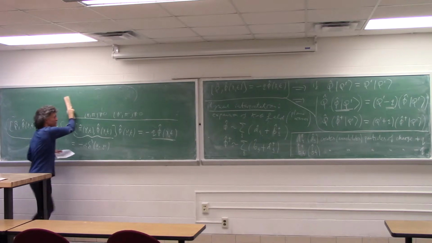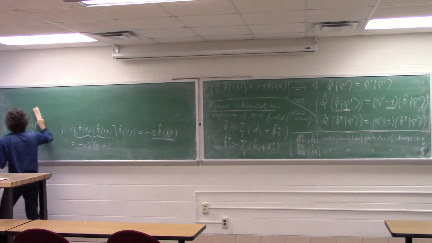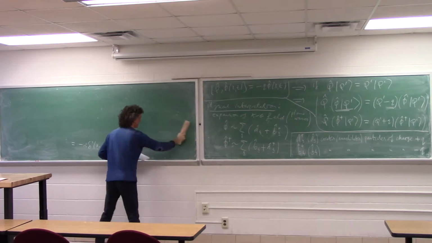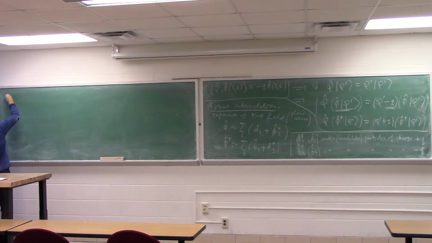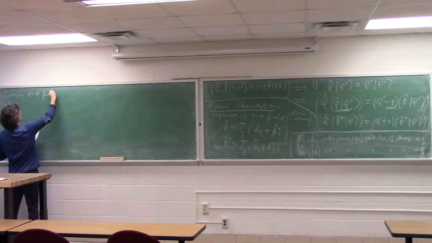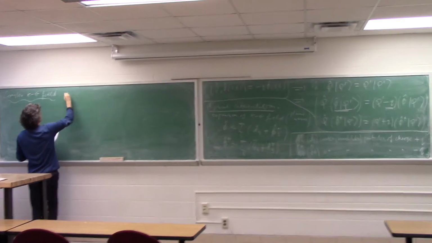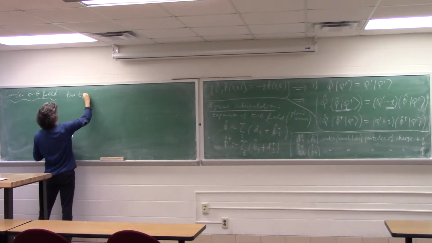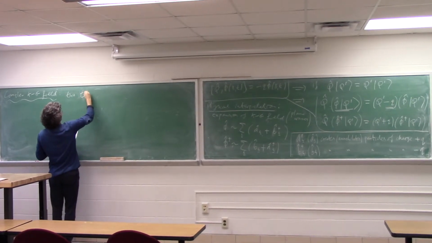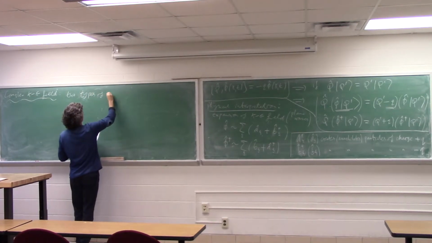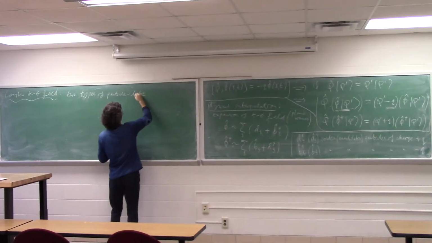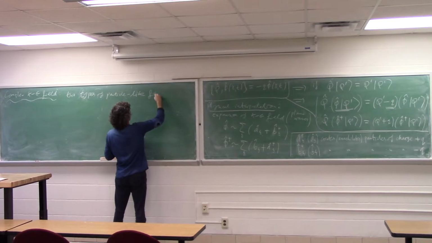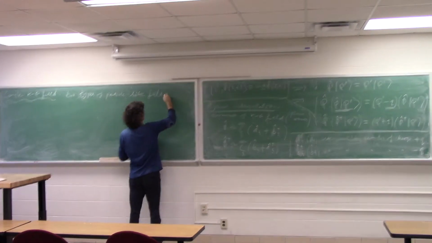So the upshot of this, and we'll do all the details with the field operator expansion later, but just so that you get the idea now, is that for the complex Klein-Gordon field, you find that there are two types of particle-like field excitations.